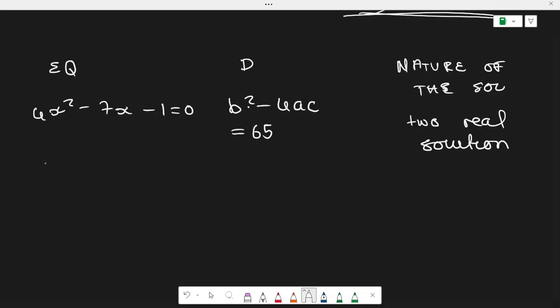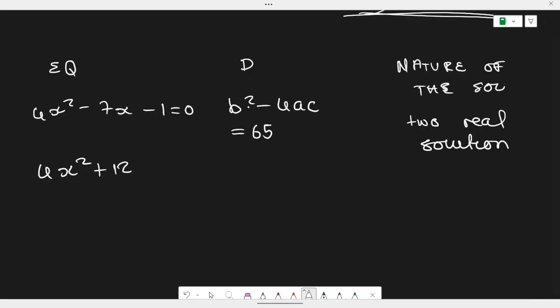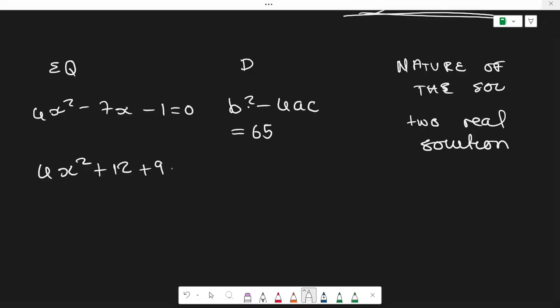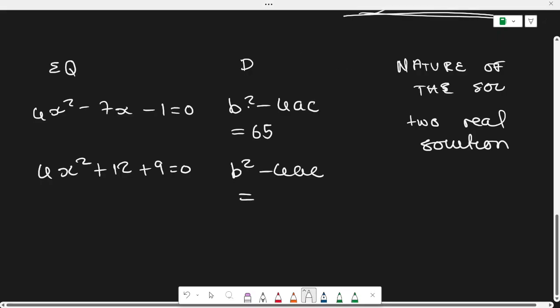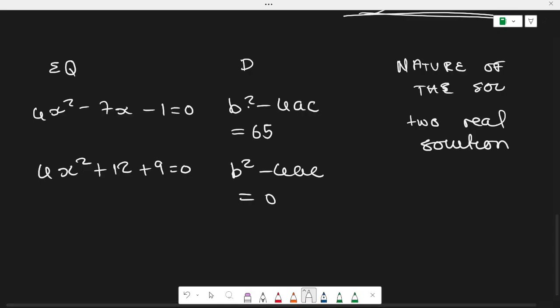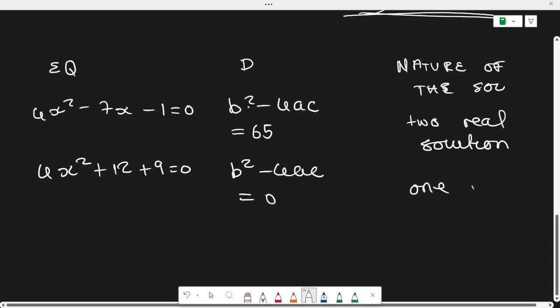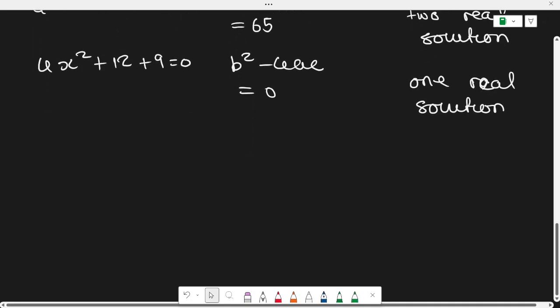Let's say you had an example like 4x squared plus 12x plus 9 is equal to 0. And you find this discriminant. Find that it's going to be equal to 0. So this means that it has one real solution. Okay.